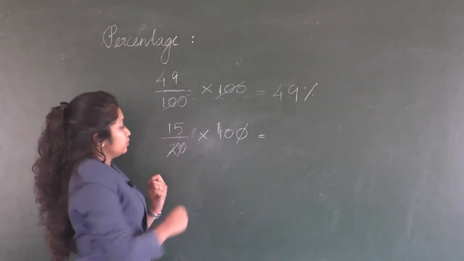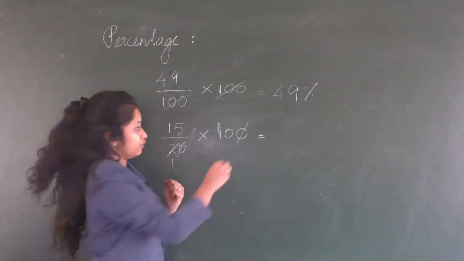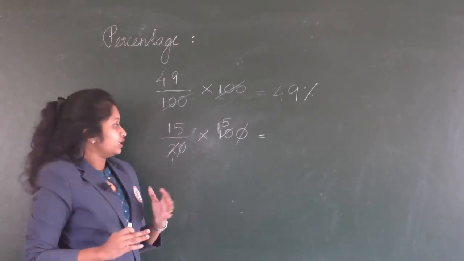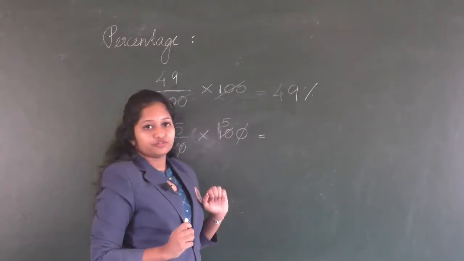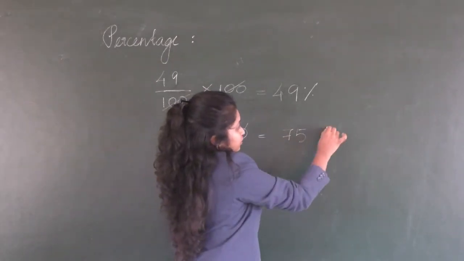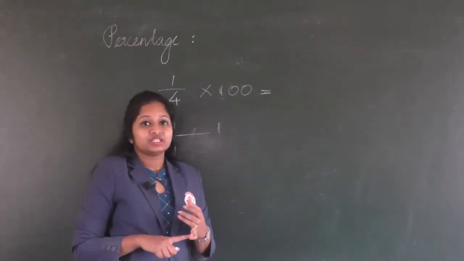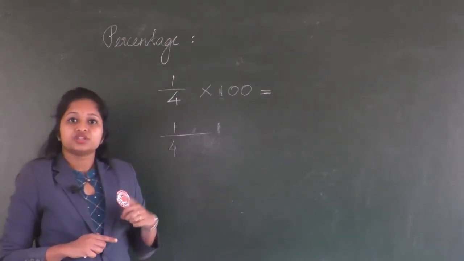So when you multiply by 2, 1 into 2 is 2 and 5 into 2 is 10, and the remaining is we should multiply 15 by 5. 15 into 5 is 75. So we get 75%.